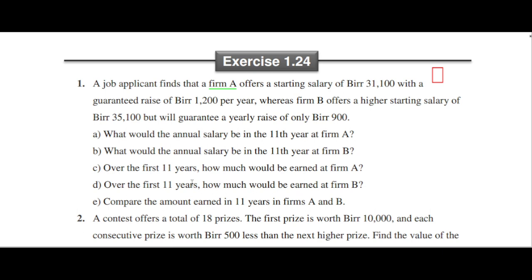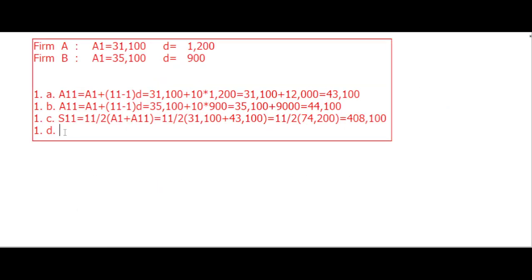We want to find here also S11 in the firm B. S11 is equal to 11 divided by 2 times A1 plus A11 in the firm B. A1 we have 35,100 plus A11 we have 44,100.